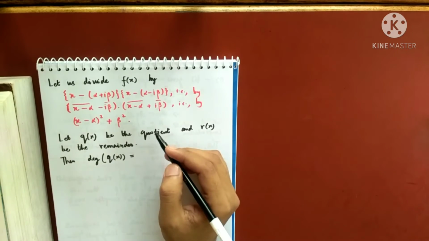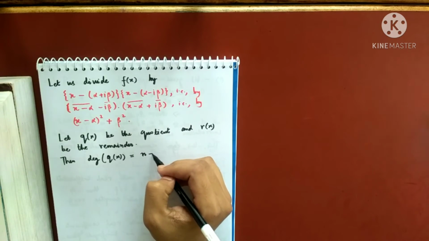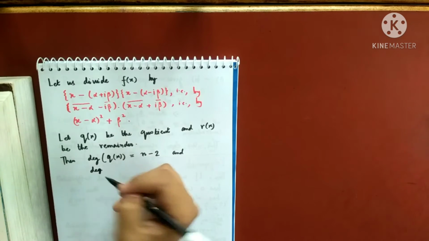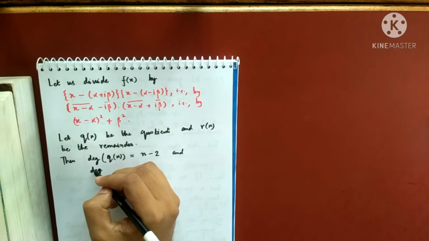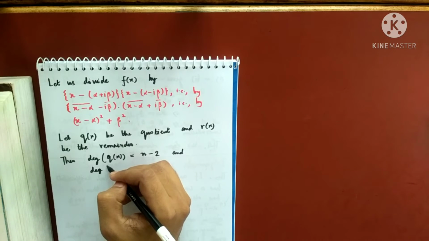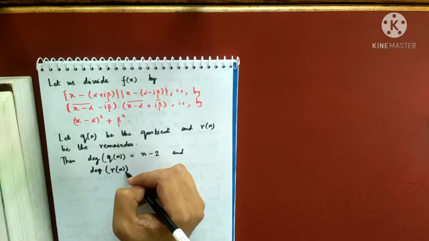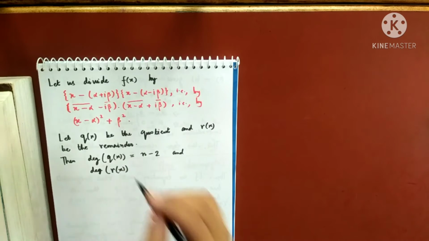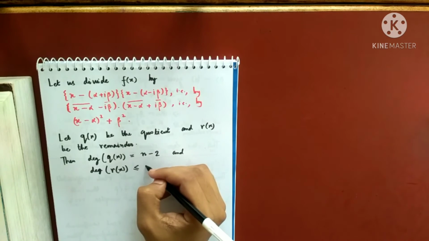So the degree of the quotient will be n minus 2. And the remainder will either be 0, or the degree of the remainder, what can I say about it? Yes, it will be at most 1, less than or equal to 1.